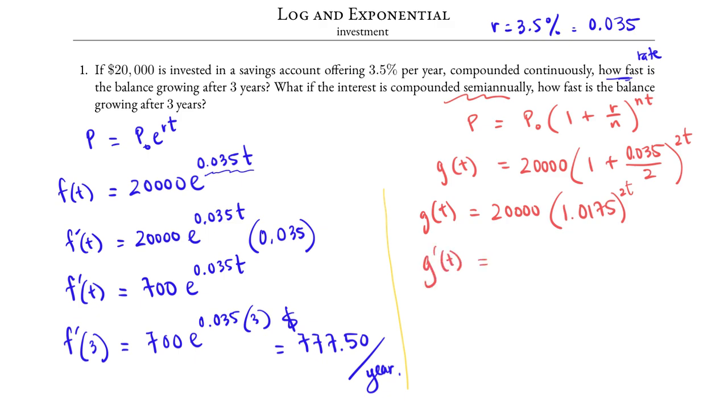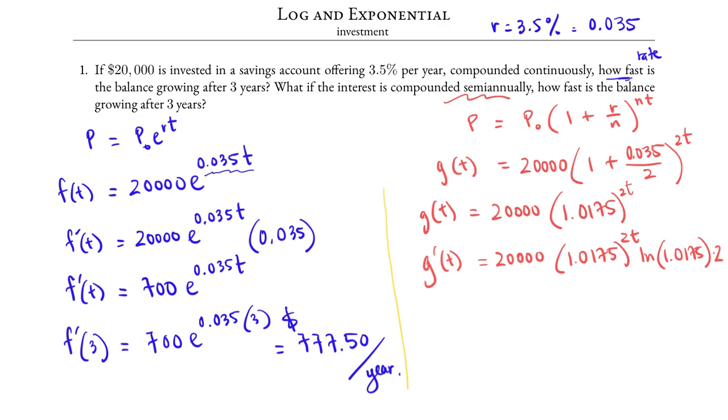g prime of t equals 20,000, a constant multiple. The derivative of any base raised to a power is the same, 1.0175 raised to 2t, but then since the base is not e, we would need to multiply by ln of the base. So this is ln of 1.0175, but also the inner function is 2t. 2t is inside this exponential function, so using the chain rule, we will still need to multiply by 2.